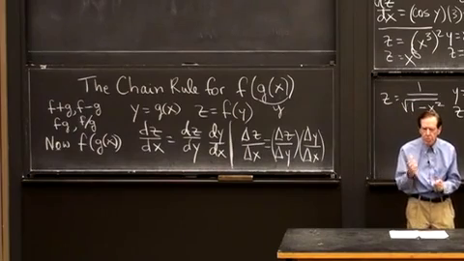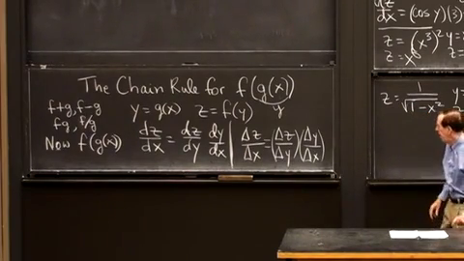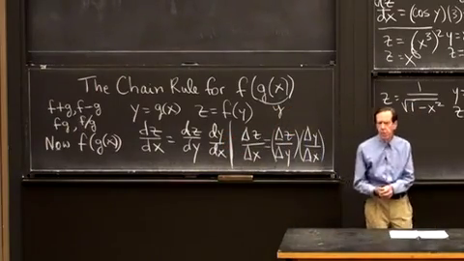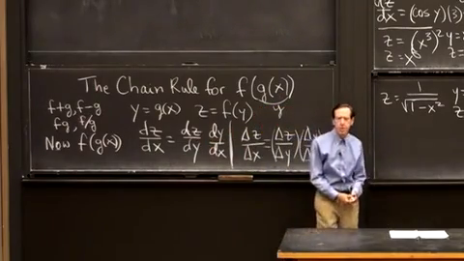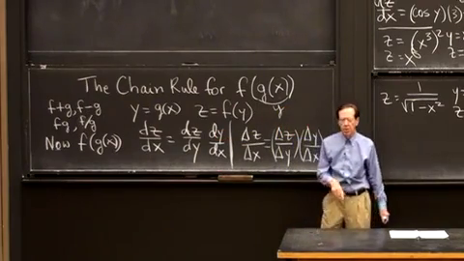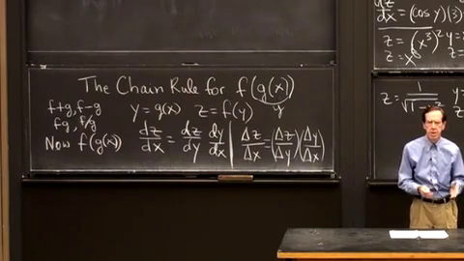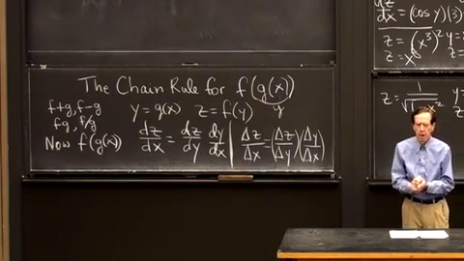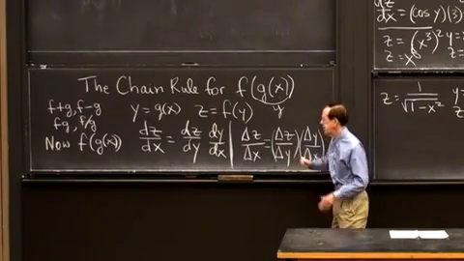It looks at the ratio as things happen, and that ratio does approach the derivative. That was the definition of the derivative. This ratio approaches the derivative we're after. That, in a nutshell, is the thinking behind the chain rule. I could discuss it further, but that's the essence of it.